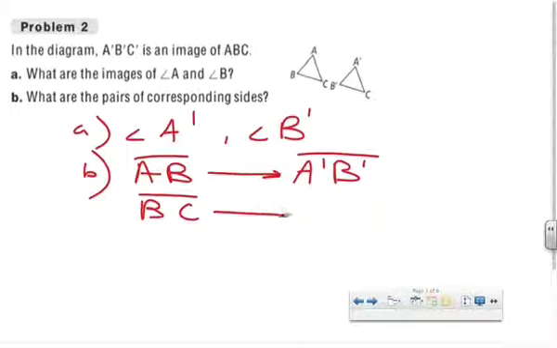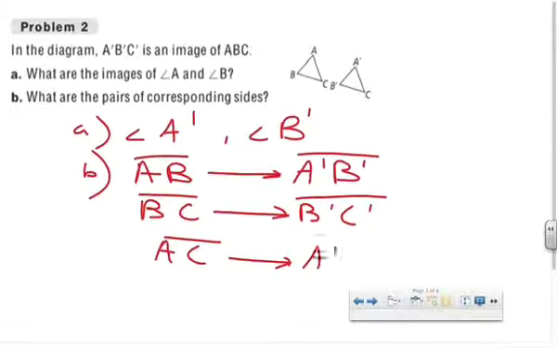Segment BC corresponds to B prime, C prime, and AC to A prime, C prime. So all we're doing here is just laying down the groundwork for the vocabulary we're going to be using.